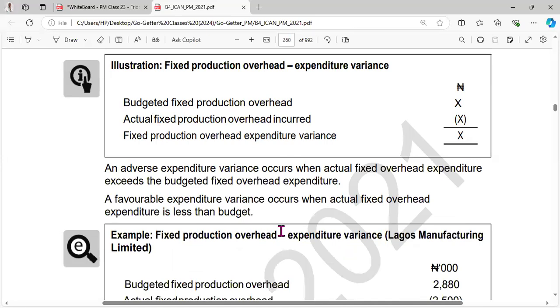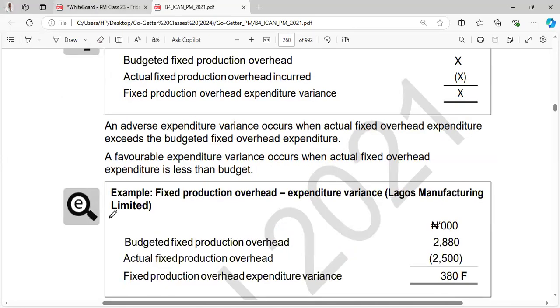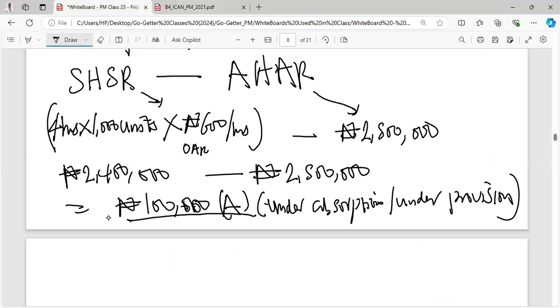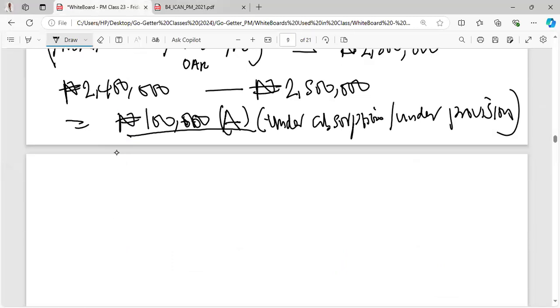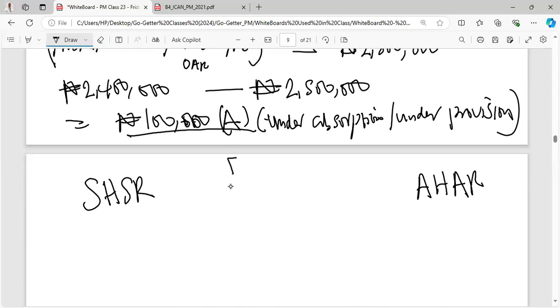Now, this is what I will usually say. Let me break this thing down again. We have standard as standard rates. Then we have actual as actual rates. That is what we have been having before, right? I want to put something now in the middle. So this is for fixed overhead variance.